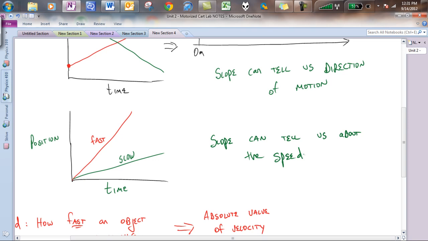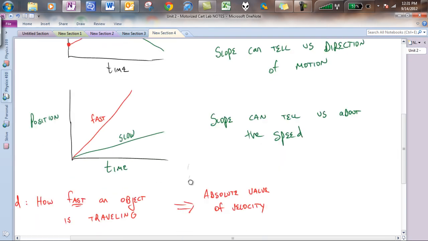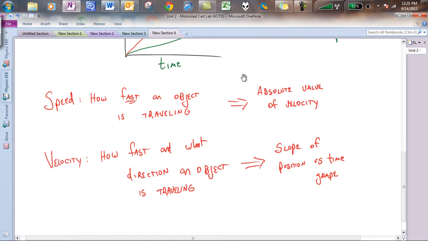After we get this all set in our brains, we will come up with two different definitions. The first definition that I want to bring to your attention is speed. Speed is how fast an object is traveling. And then we're going to come up with another definition, a different word called velocity. This is how fast and in what direction an object is traveling.